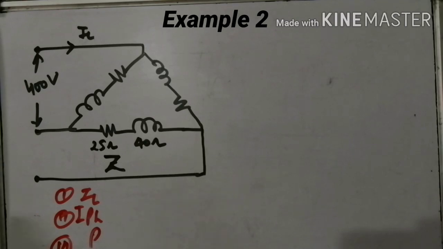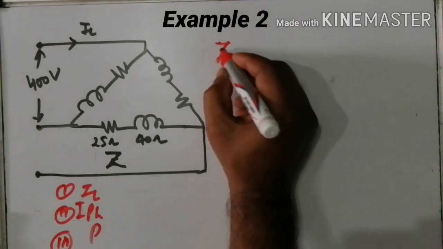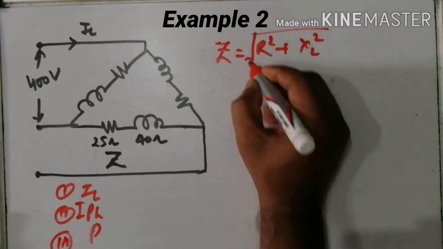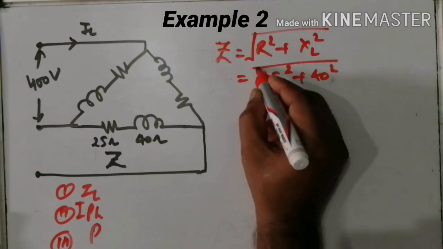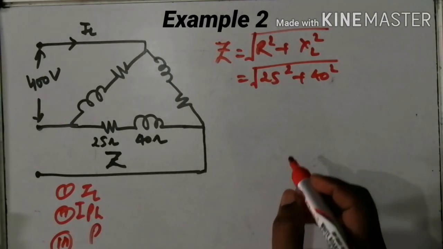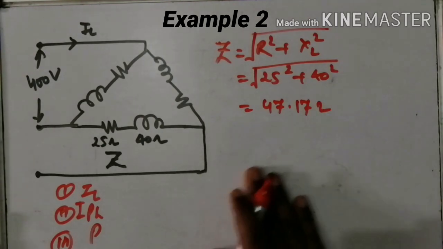First of all, calculate impedance, that is Z. Z is square root of R square plus XL square. It is square root of 25 square plus 40 square. After the calculation, it is 47.17 ohm.